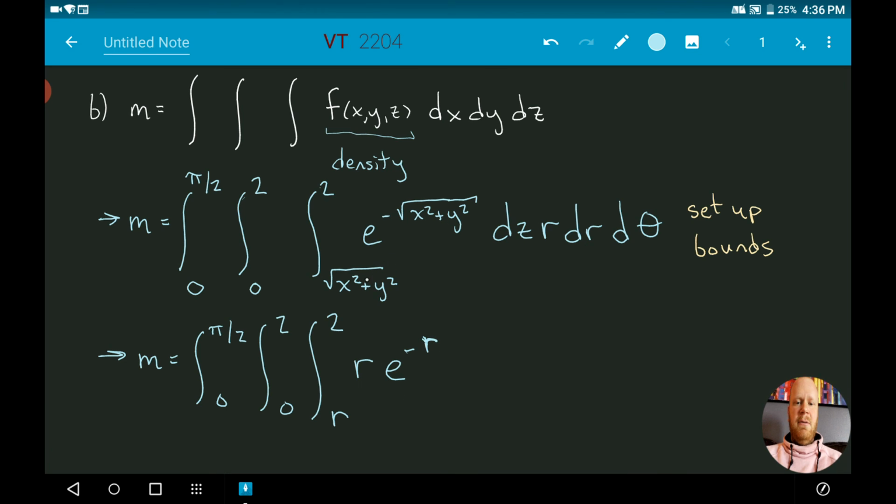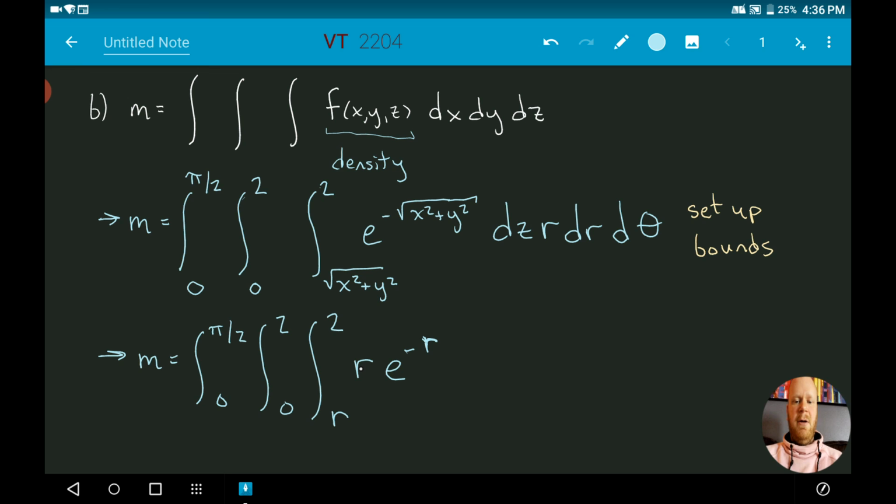But just so you're aware, you may be tempted. I see a lot of people who know, for example, that x is equal to r cosine theta and y is equal to r sine theta, and so they try to plug in values for x and y in here. Just always be on the lookout: whenever you can simplify this just by using r, that's going to be the best substitution that you can make.